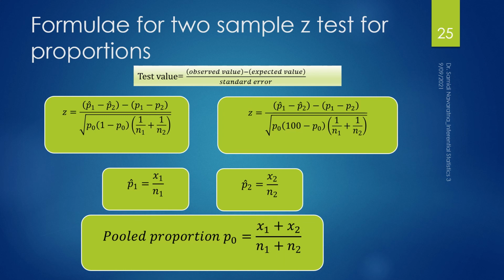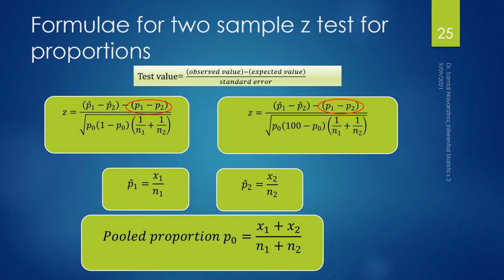So the pooled proportion is x1 plus x2 divided by n1 plus n2. In case you don't know how to derive x1, you can use these equations. And according to the null hypothesis, P1 equals P2.